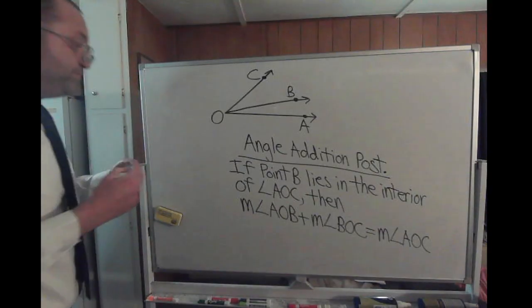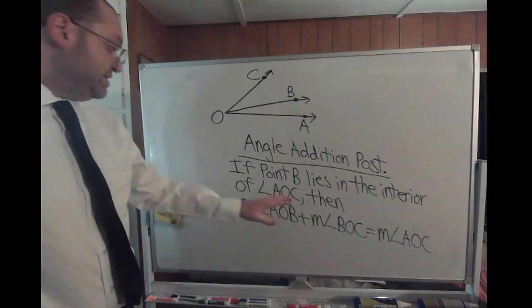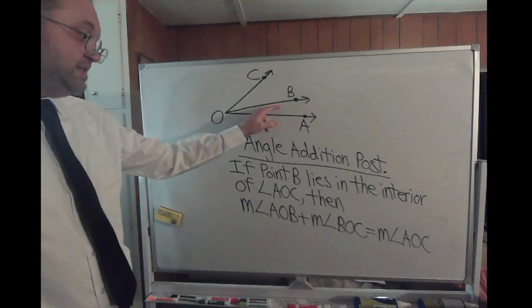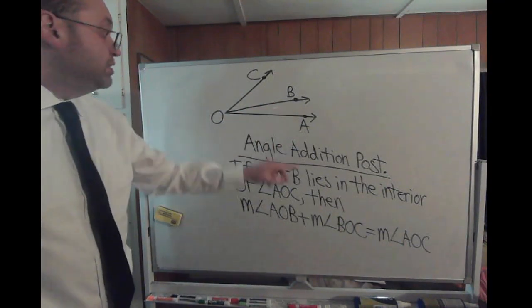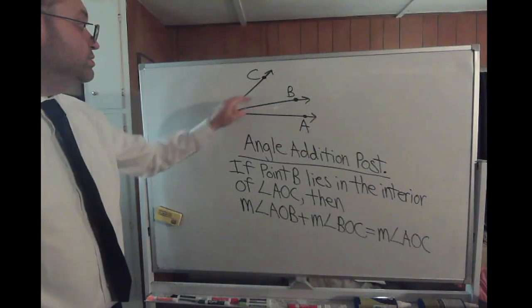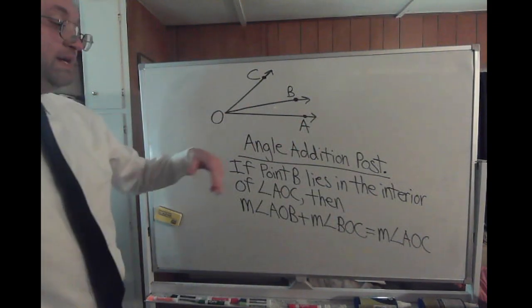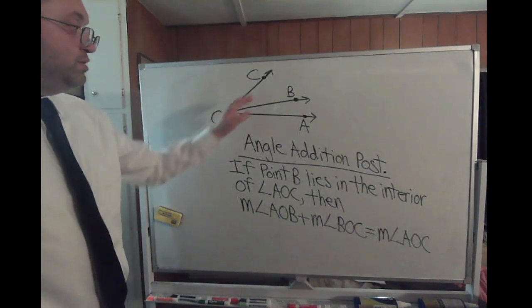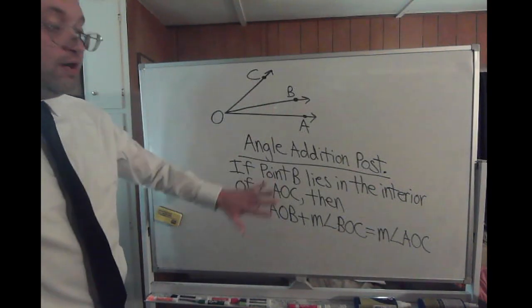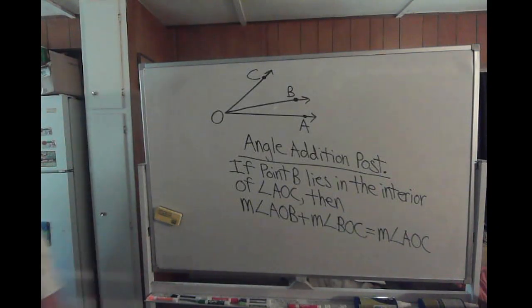Alright, so to sum this up, if point B lies in the interior of angle AOC, as we see here, then the measure of angle AOB plus the measure of angle BOC equals the measure of angle AOC. So basically, if you add these two angles together, you'll get the measure of the entire angle. That's all that states. The angle addition postulate. Seems pretty simple, right?